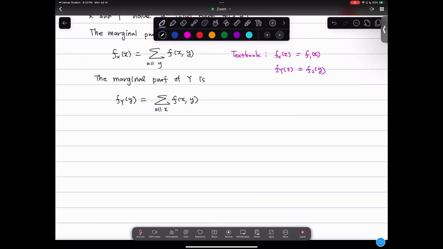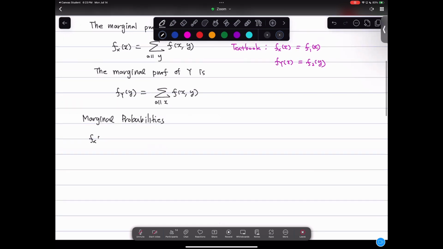So the marginal idea is as simple as this. The marginal probabilities, for example, when I say f of x for x variable of 2, by definition, this is about the probability that x equals 2. So 2 is 2, that's fixed. The y value, any y value, doesn't matter. That means y can be anything.